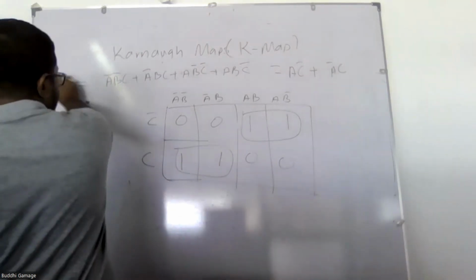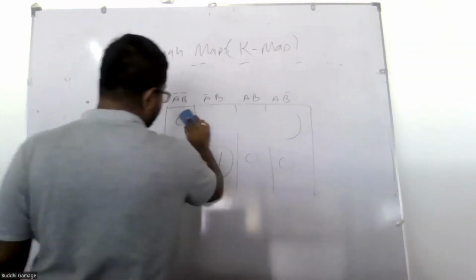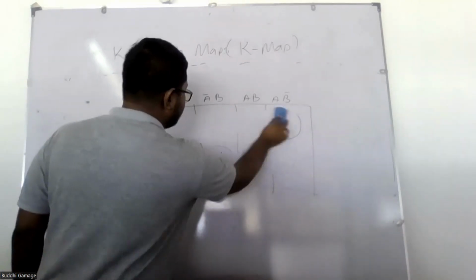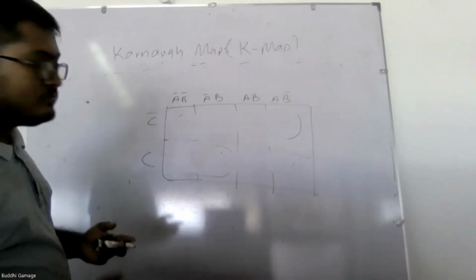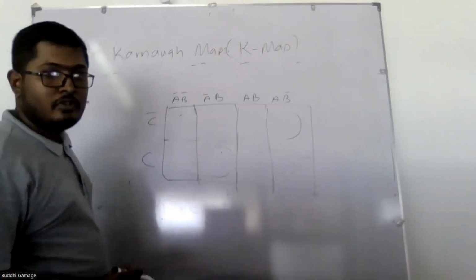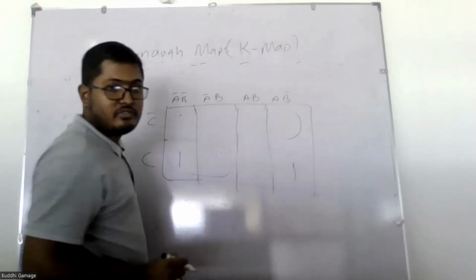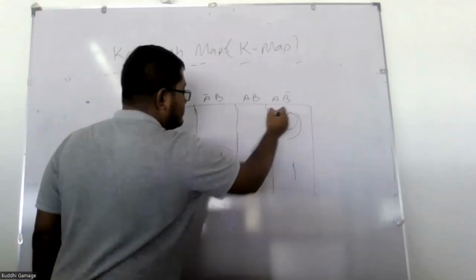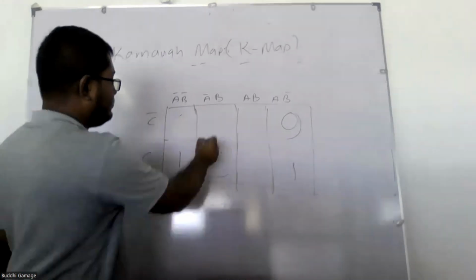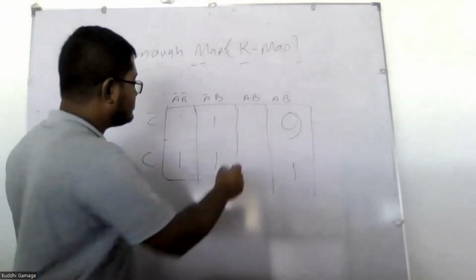So consider in this example, the truth table is like this. One, this one, 0.